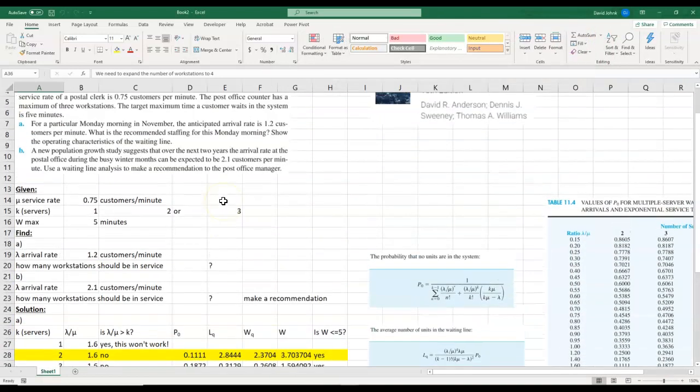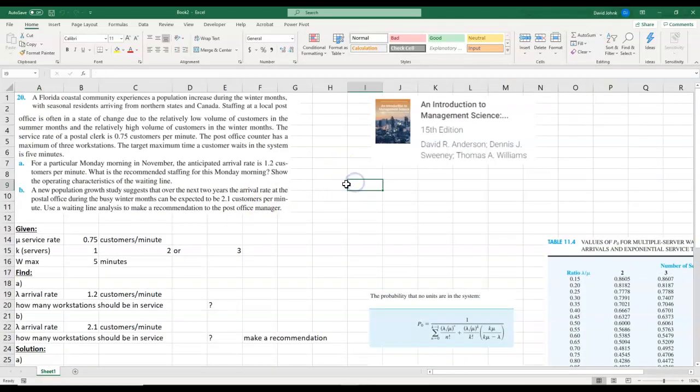Hopefully it kind of makes sense. Remember, this is for an M/M/K model, where you have exponential, you have Poisson arrivals, and exponential service.